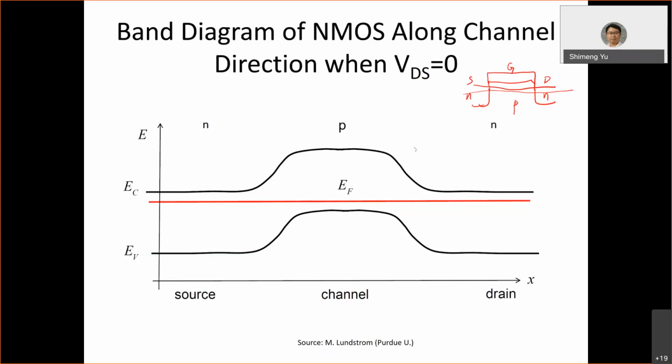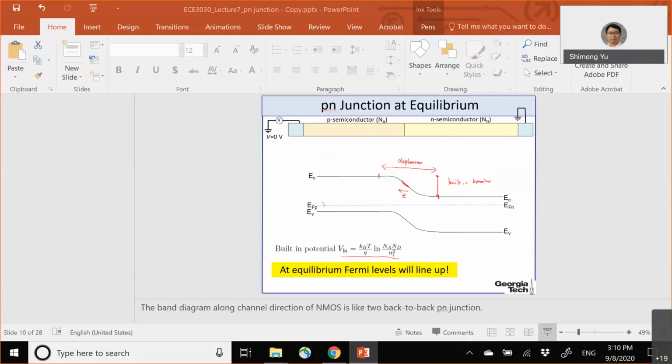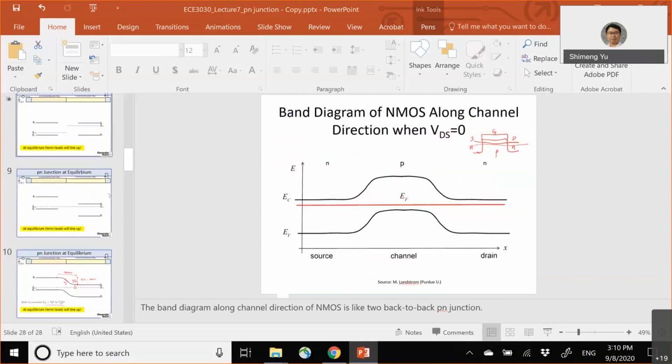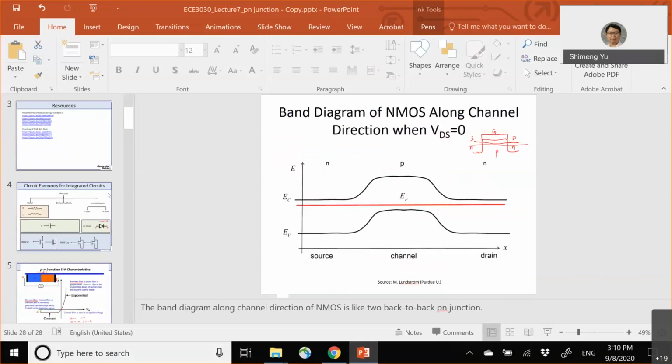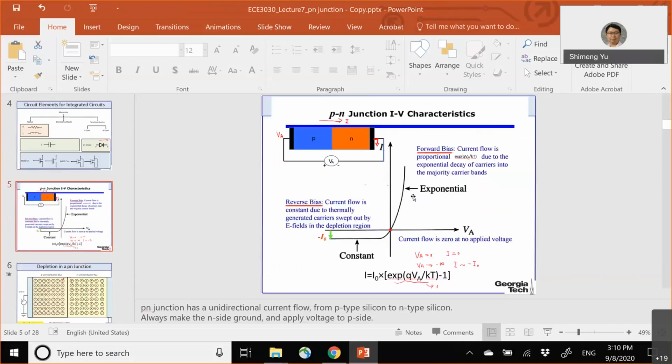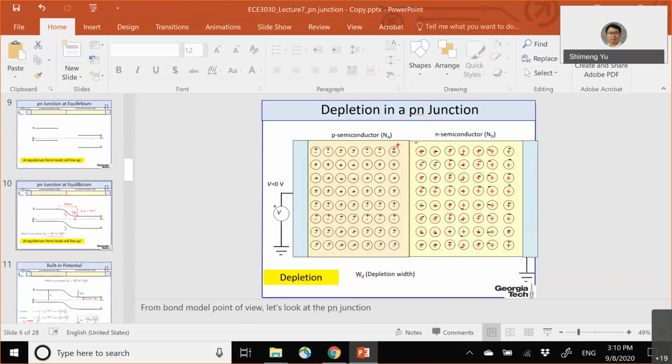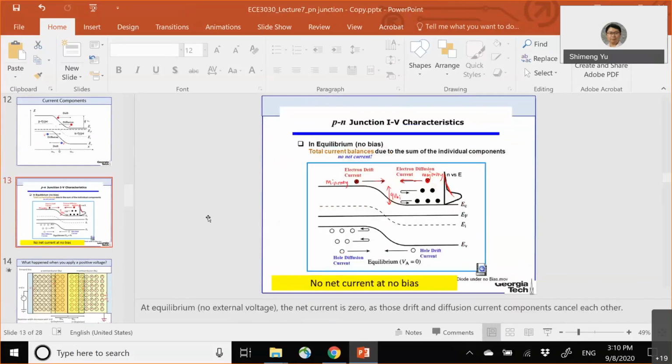So today's lecture, we basically talk about the PN junction, and I think what is important here is to understand the current versus voltage. Like here, why this is an exponential IV for the forward bias, and then almost a constant for the negative reverse bias. And the best way to understand that is this kind of band diagram, where you have the equilibrium state where the current components cancel each other.